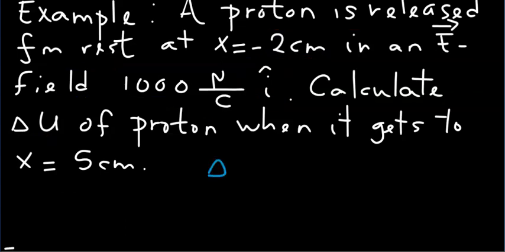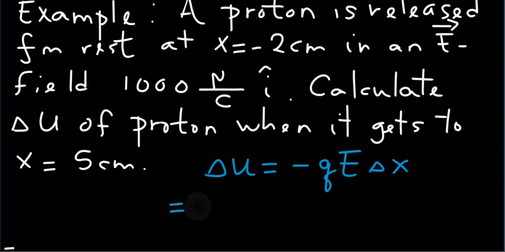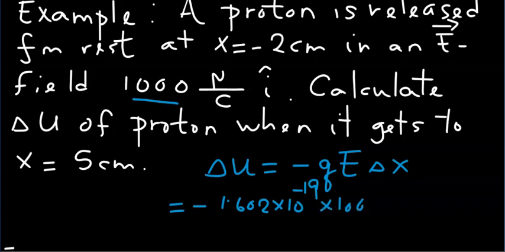So the change in the electric potential energy of a charge is given by -q E delta x. So q is the charge of the proton. The charge of the proton is 1.602 times 10 to the power minus 19. The electric field strength is 1000, so times 1000.